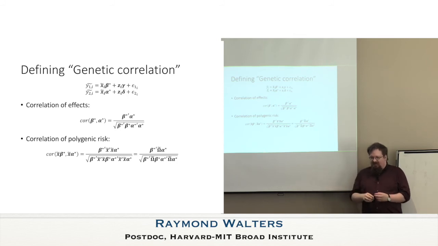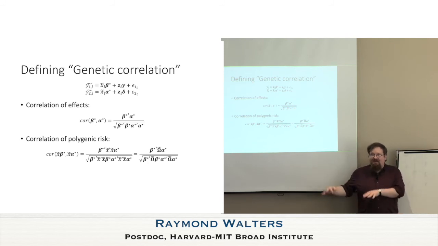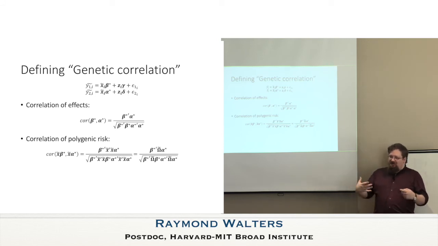In particular, we could imagine a cartoon example where for our first trait, all of the even-numbered SNPs in the genome, SNPs at even-numbered base pairs, have effects on the first phenotype, and for our second phenotype, all the odd-numbered SNPs have effects. By LD, the neighboring SNPs and haplotype structure, we've got near perfect correlation in terms of, say, prediction about those two phenotypes. But the actual joint effect sizes are completely disjoint, and there's no correlation there.